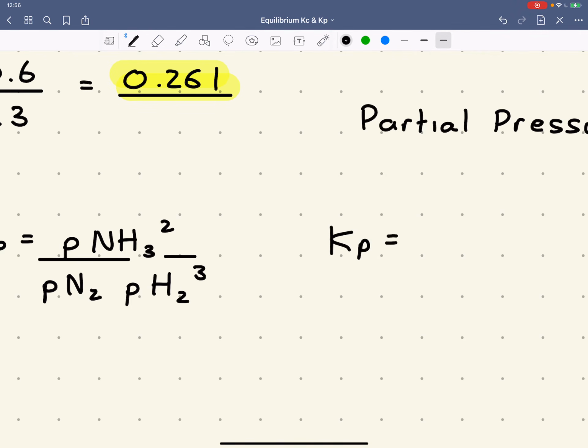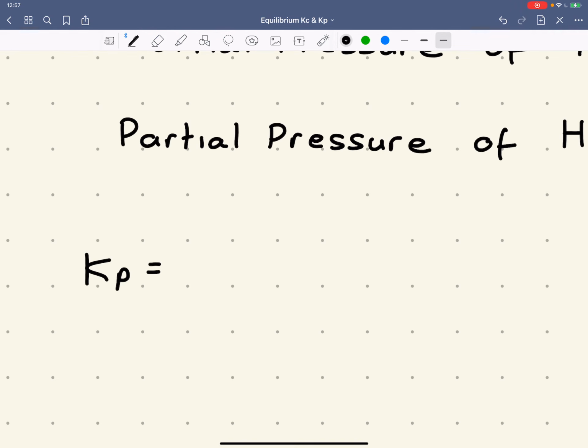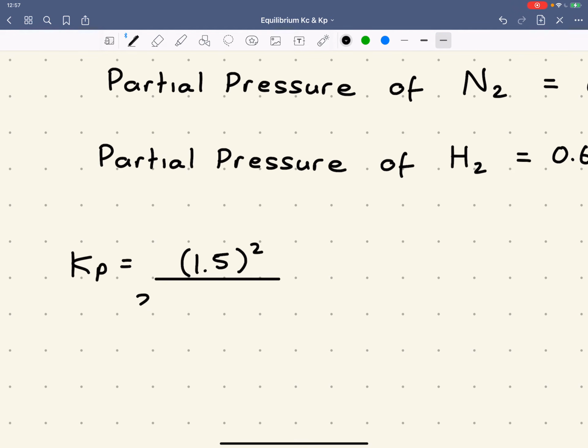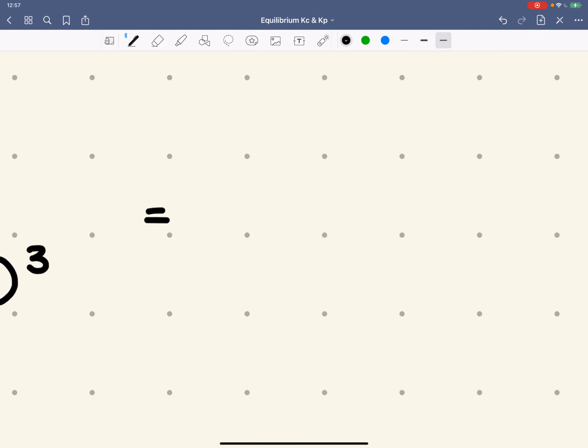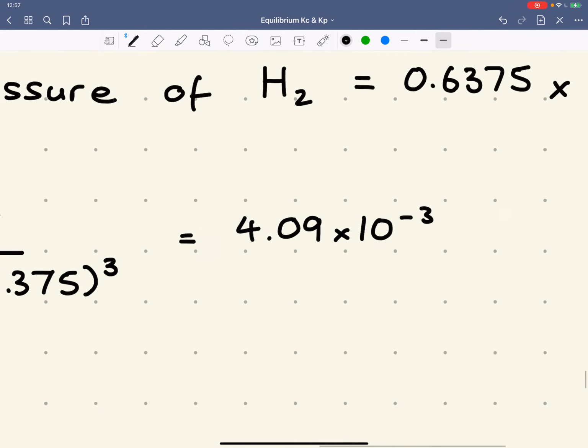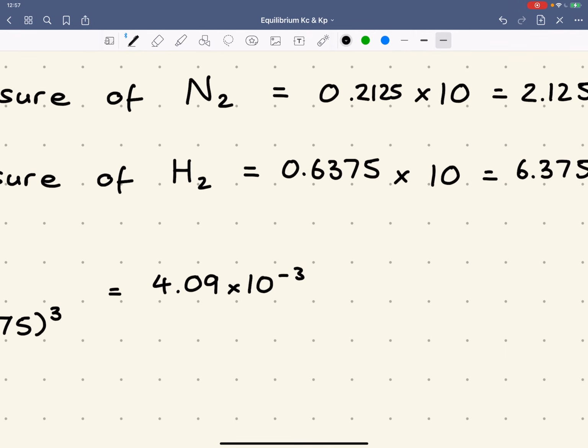So Kp then is equal to 1.5 squared divided by 2.125 times 6.375 cubed. And when you do this calculation, you should get 4.09 times 10 to the minus 3. And the units for this will be atmospheres to the minus 2. And that is your answer.